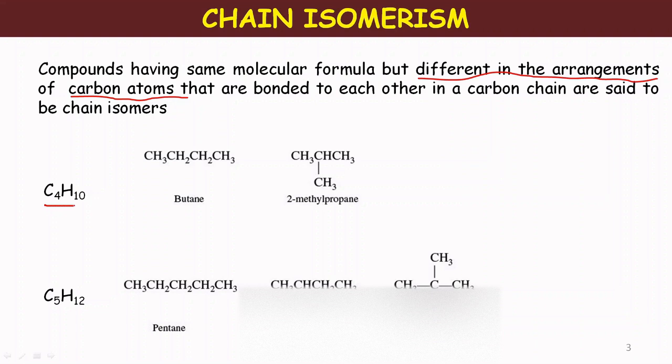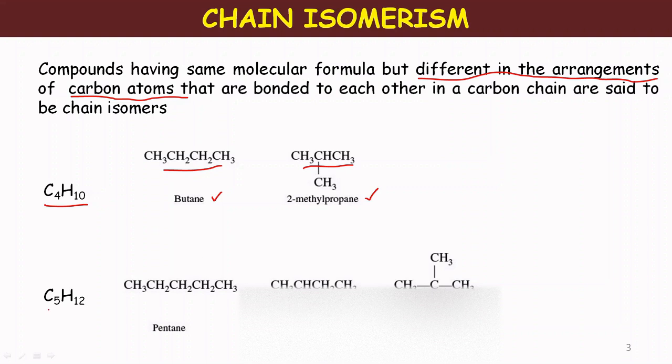For example, let us consider the molecule with molecular formula C4H10. If you see the structure of those compounds, that is n-butane and 2-methylpropane, that is isobutane. Here, these two compounds have different chain lengths. Although they have the same molecular formula, they have different chain lengths. So as the number of carbons in the chain differs, these compounds are called chain isomers.